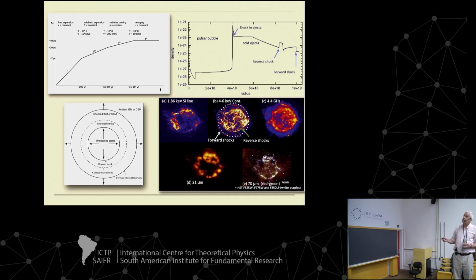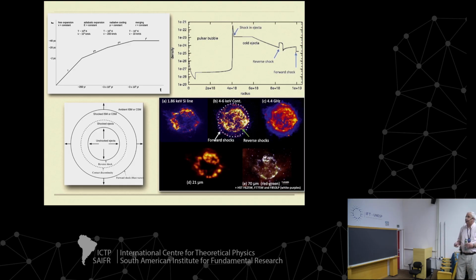And here you have indicated the typical temperature of each phase and the velocity of the shocks in these phases. So you see that for the Sedov phase, the adiabatic phase, we have velocities that are of the order of 10,000 kilometers per second. So this means that Fermi type 1 acceleration mechanism could be quite efficient.